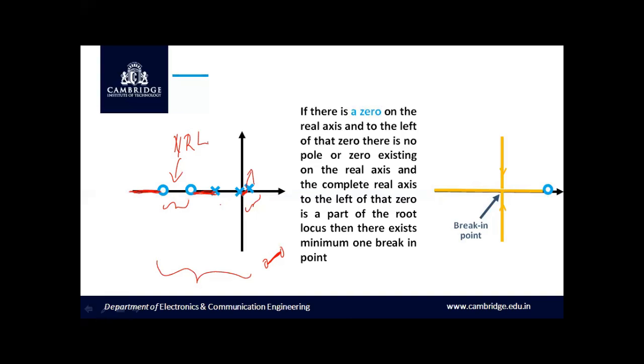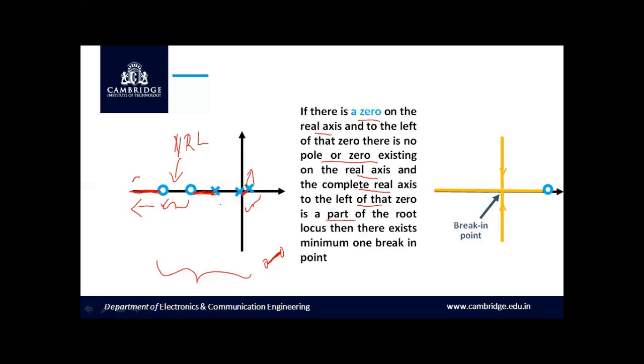Even though we have 2 adjacent zeros here, as it is not the region of root locus, we cannot take it into consideration. And we have to check for another condition in which there is a 0 on the real axis and towards the left of the 0, there are no poles and zeros existing on the real axis. Yes, I have a 0 and towards the left of the 0, I don't have any poles and zeros on the real axis. And the complete real axis to the left of the 0 is a part of the root locus.